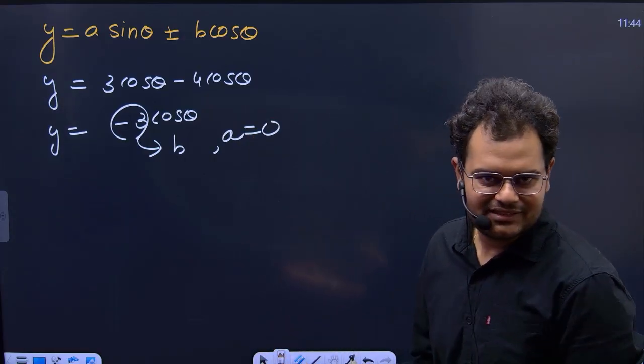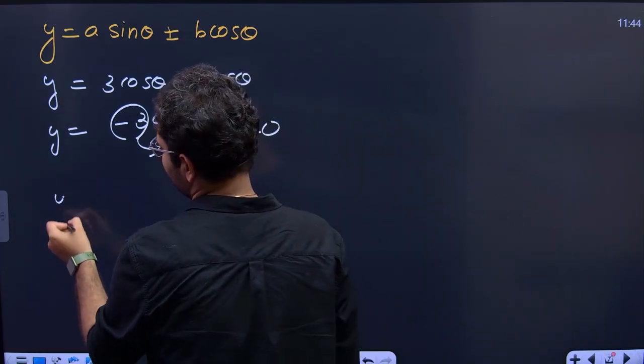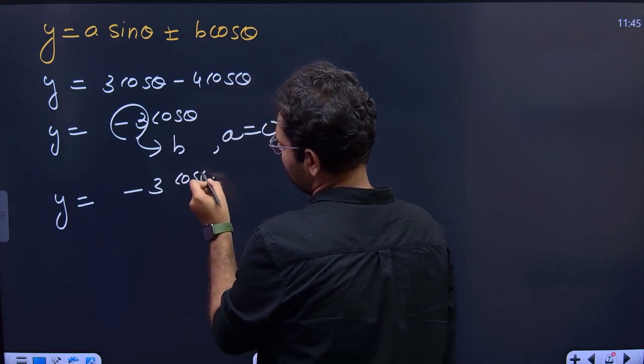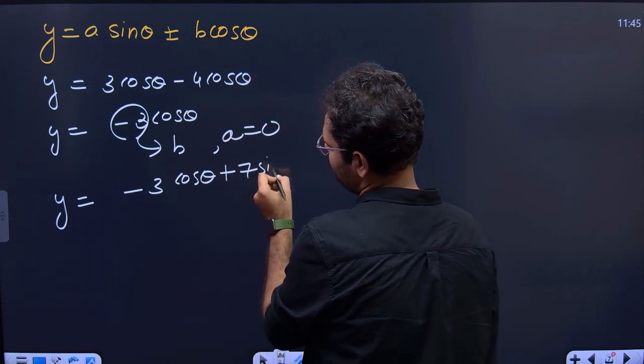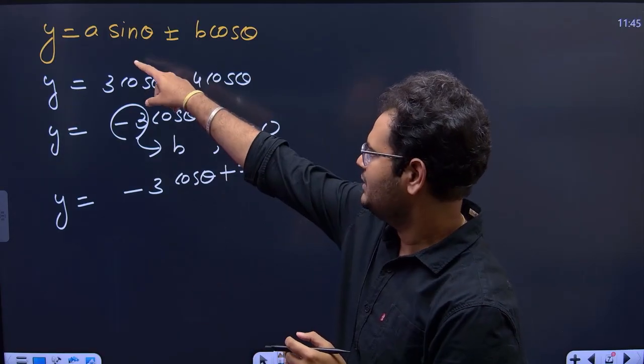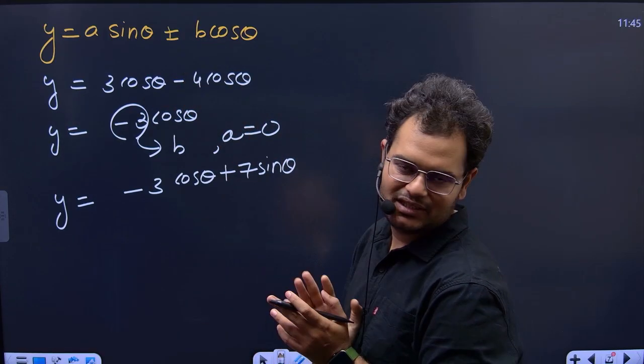Nothing is there, that means it is 0, right? Similarly, I can take, say, minus 3 cos theta plus 7 sin theta. So the function can be of any form, but it should look like this: a sin theta plus or minus b cos theta.